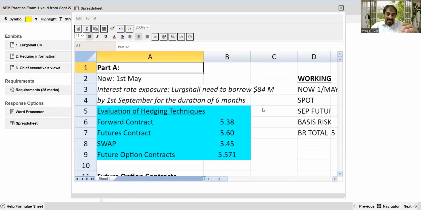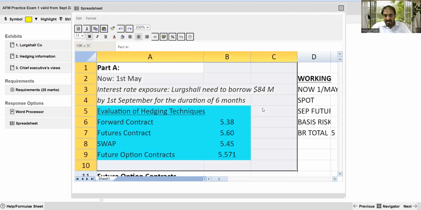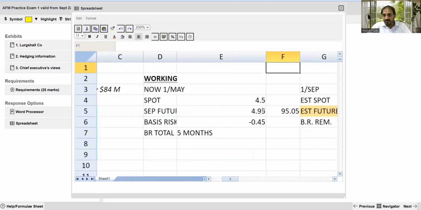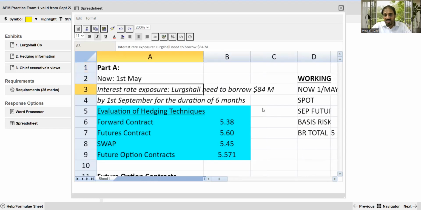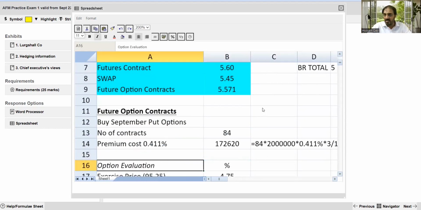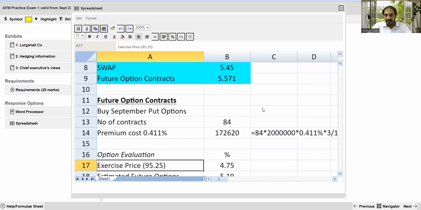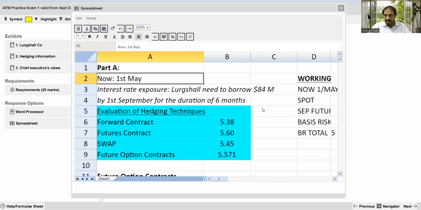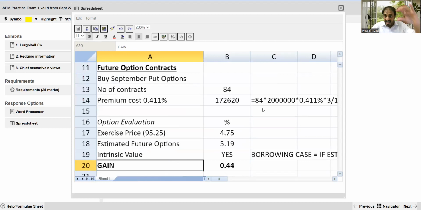The important thing is how accurate you are and how properly you present it. For example, the left side completes the things here, but the right side shows the working. So mention the working numbers as well. With proper structure and accuracy of the working, you will automatically get not only the technical marks but also the professional skill marks for this part.